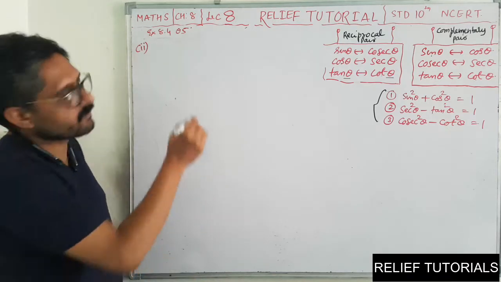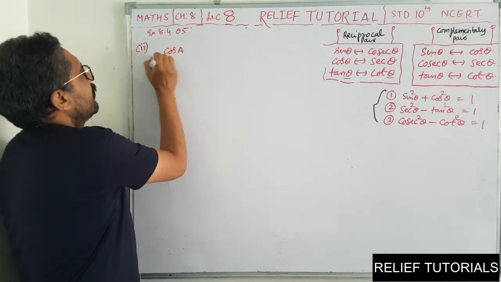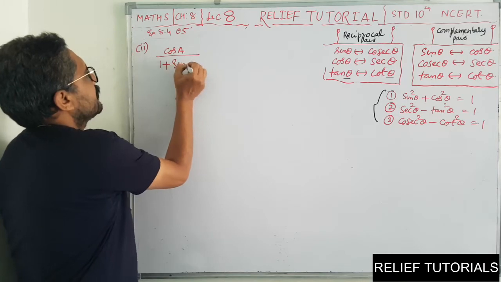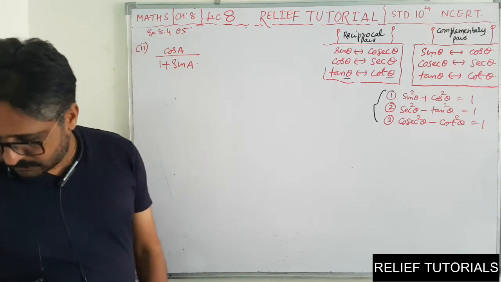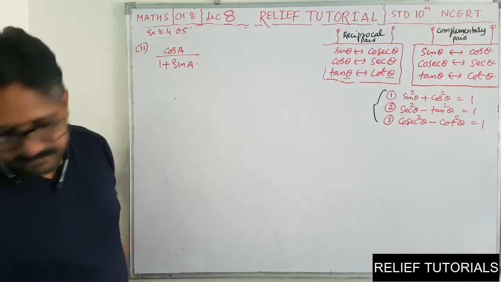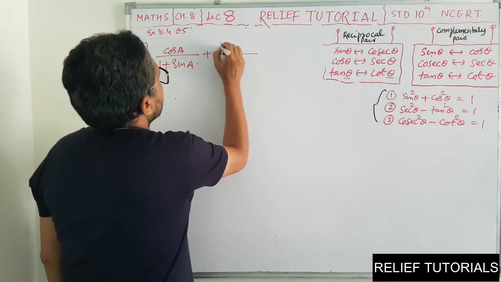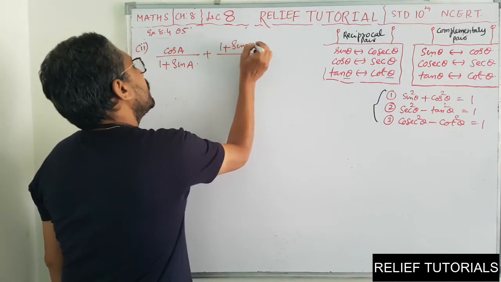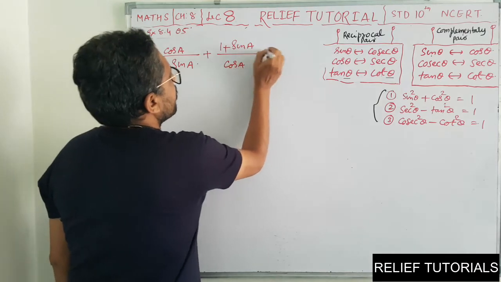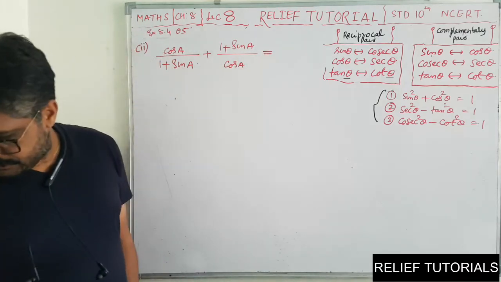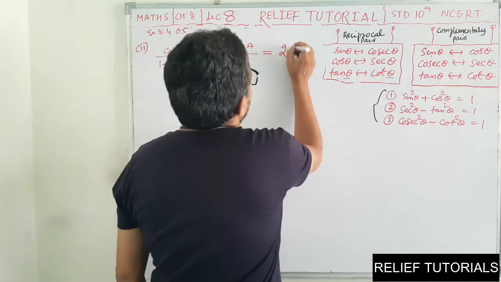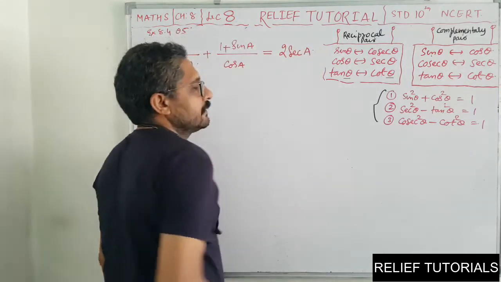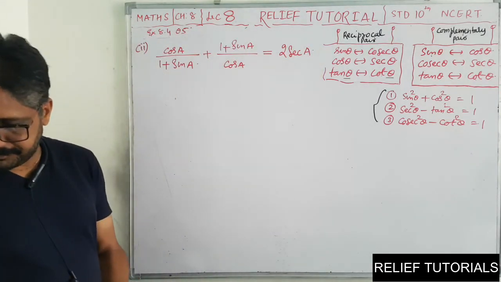Cos A upon 1 plus sine A, plus (1 plus sine A) upon cos A, is equal to 2 sec A. This is our problem.